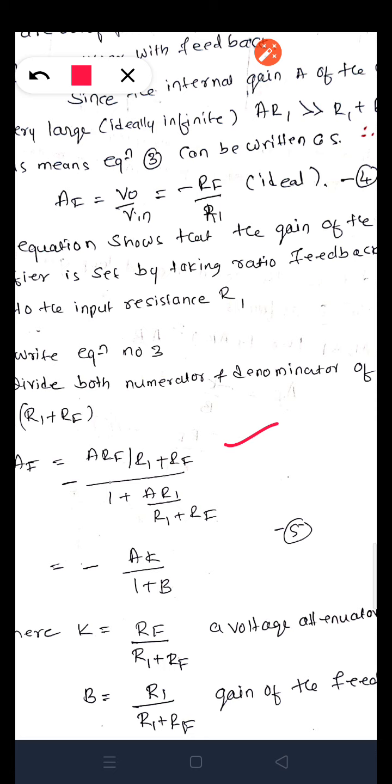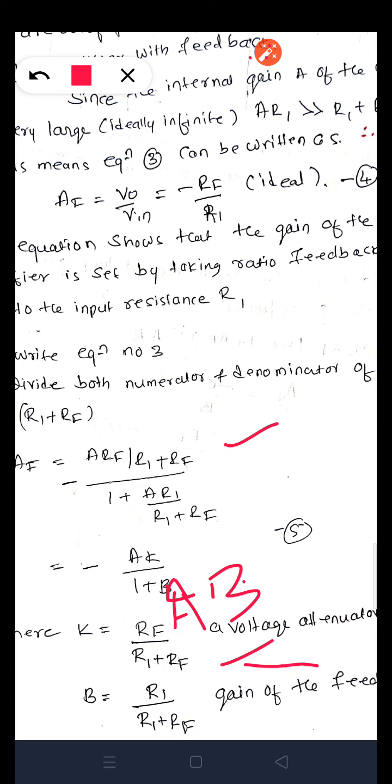Now we define two factors to simplify this equation once again: minus A K divided by 1 plus A B, where K is equal to rf divided by r1 plus rf.